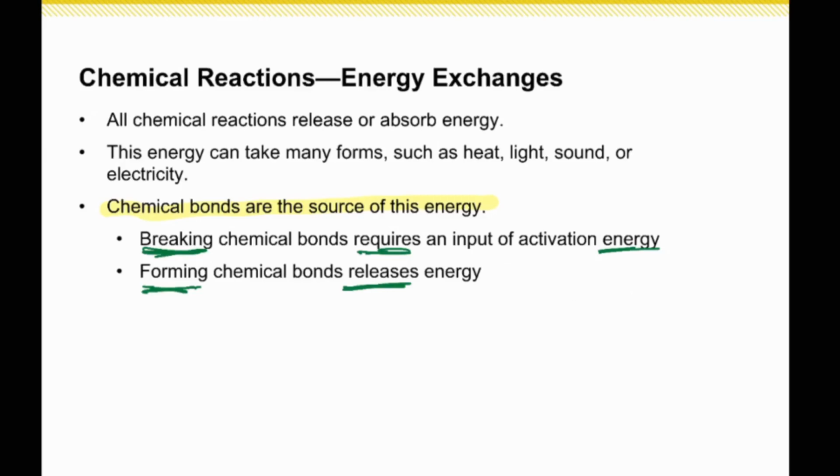Okay? And whenever you think about requiring or releasing energy, always think about a system. Okay? And so I'm just identifying my system as this little box here. If something requires energy, the energy has to go into the system. And so here's my energy going into the system. And so this would be bond breaking.